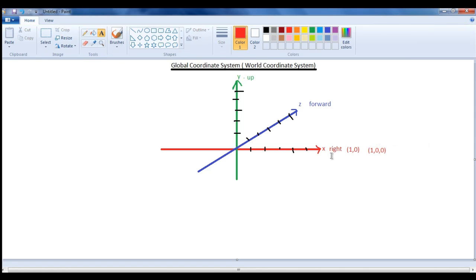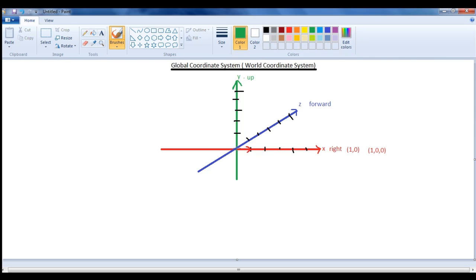Now these right vector, up vector and forward vector are actually unit vectors. That means the right vector is going to be a unit vector which looks like this. Of course you can see its x value. What is the x value here? 1. What is the y value here? 0. What's the z value here? 0.